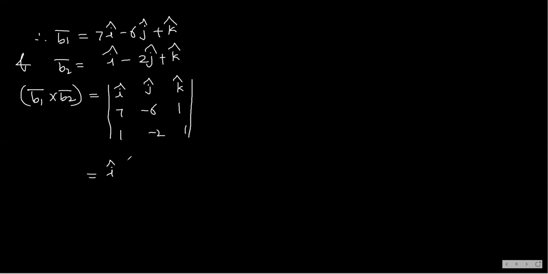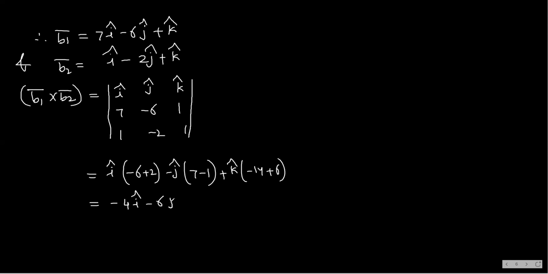So this is i cap, minus 6 plus 2, minus j cap, and here you have 7 minus 1, plus k cap, and you have minus 14 plus 6. So this is minus 4 i cap minus 6 j cap, and this is minus 8 k cap. This is b1 bar cross b2 bar.